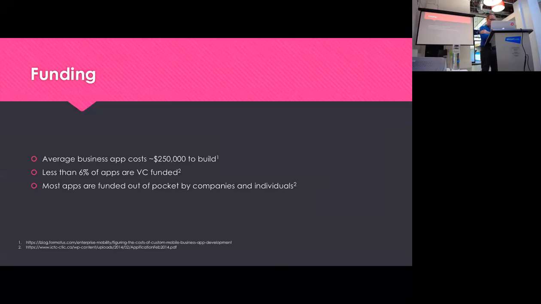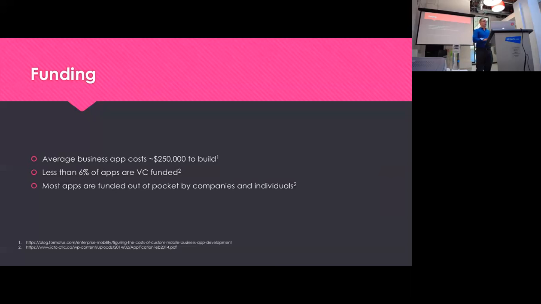I talked a little bit about funding earlier, but this is some detail on it. So the average business app, and this is like an enterprise app, I built this from a variety of sources. There's a primary source at the bottom here, but they cost $250,000 to build, so it's not cheap by any means, and that's really taking into consideration all the pieces that are moving, all the work that needs to be done to actually get the app to market, and I'm sure a maintenance cycle and things like that.